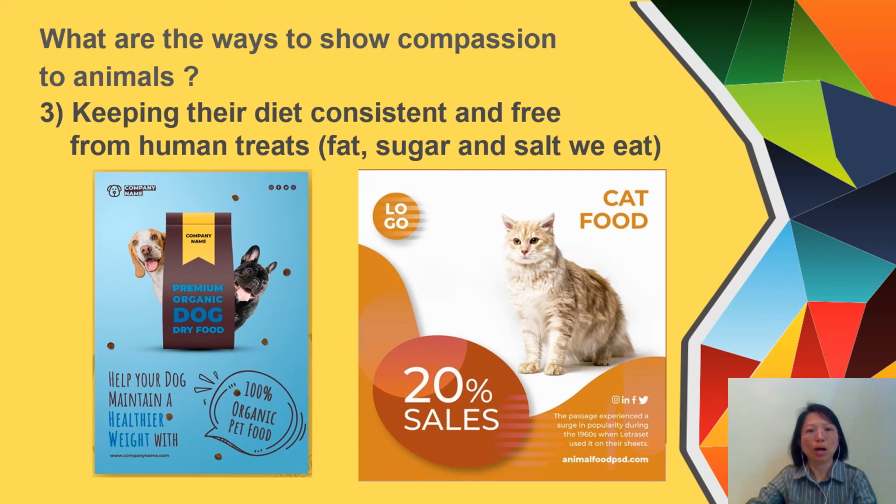Like what you can see from the picture here, if possible, try to give them dog food. This is organic dog food, though it's not necessarily organic. Something that the dog can eat, some dog biscuit maybe, some cat food. Some proper food for them, so that they can really grow healthily and happily.